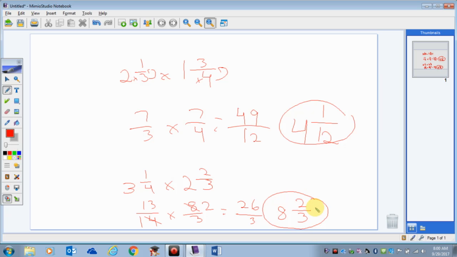Alright, at this time you should know everything you need to know about multiplying mixed numbers. First step, change them to an improper fraction.